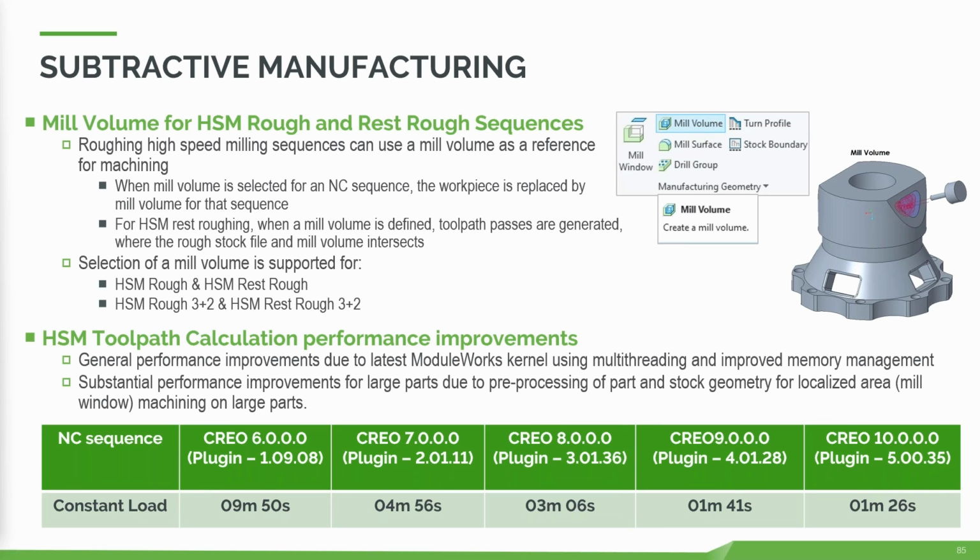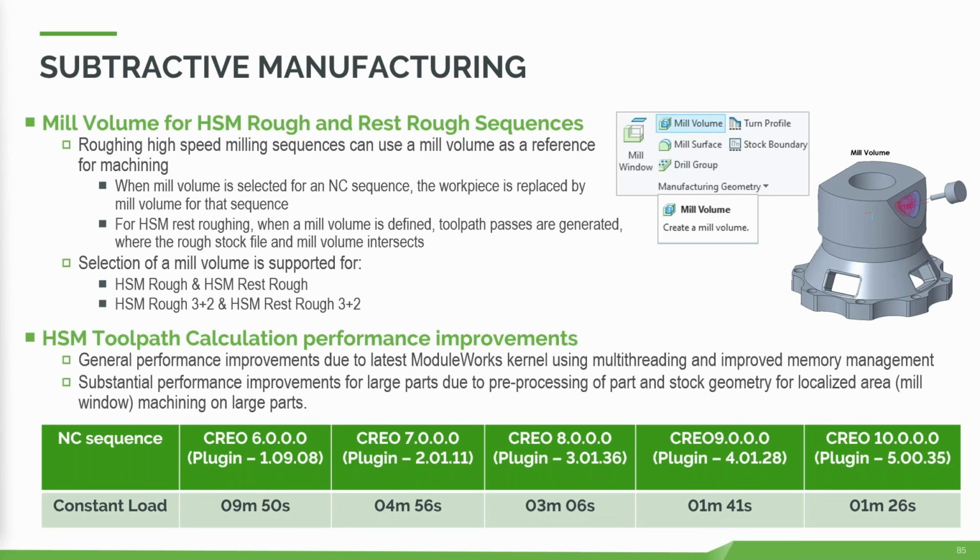Also on the subtractive manufacturing side, the Creo high-speed machining option that was introduced back in, I think it was Creo 5. So that's PTC working in conjunction with ModuleWorks to bring their technology in. So this is an additional module that initially added some 3-axis high-speed machining, but a couple of releases later, I think in Creo 8, we added in 5-axis machining as well.